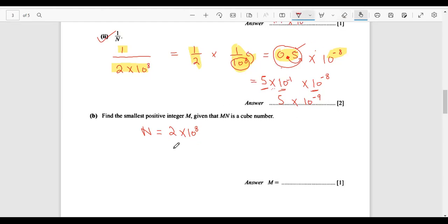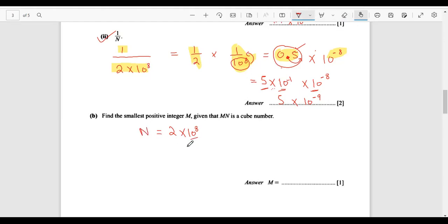So it is 2 and it is 10 power 8. What if we multiply this 2 with 5? Just think about it first and then I'll ask if you were able to understand it or not. It is n equals 2 multiplied by 10 power 8.